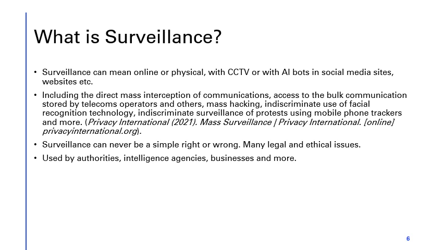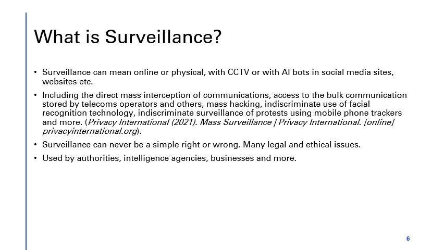Physical surveillance could also include the mass interception of communications that are held by telecoms operators and many other companies, including mass hacking, indiscriminate use of facial recognition, and many more. Surveillance, as mentioned before, is never just a simple right or wrong.